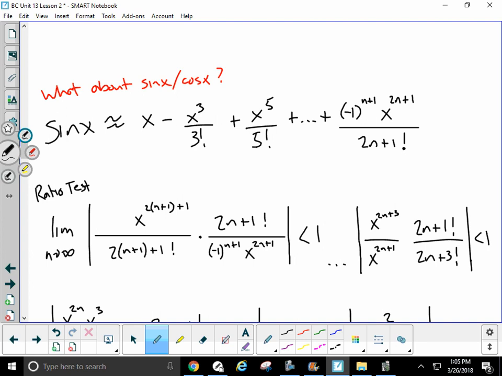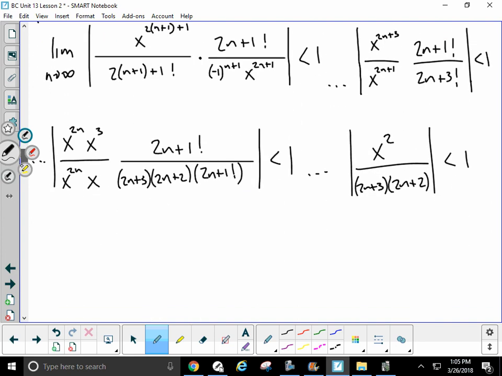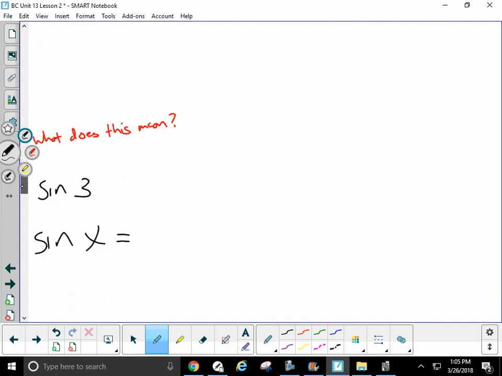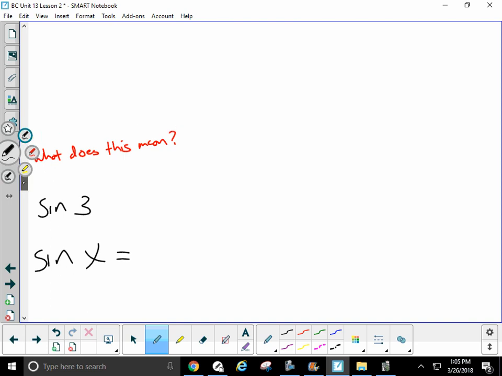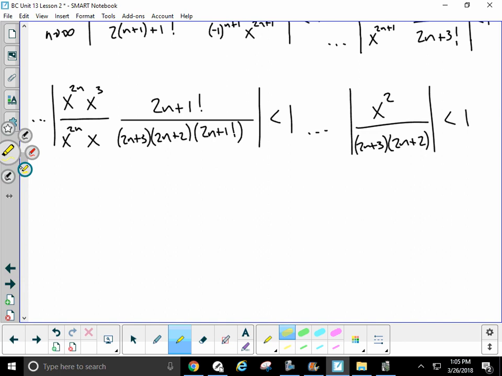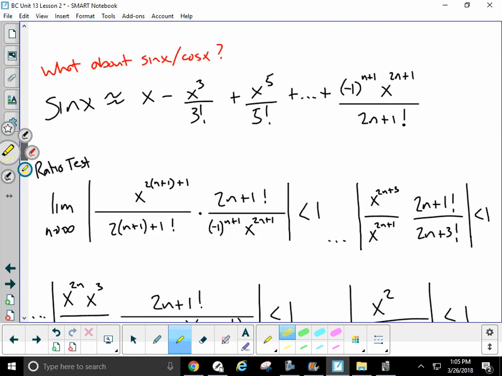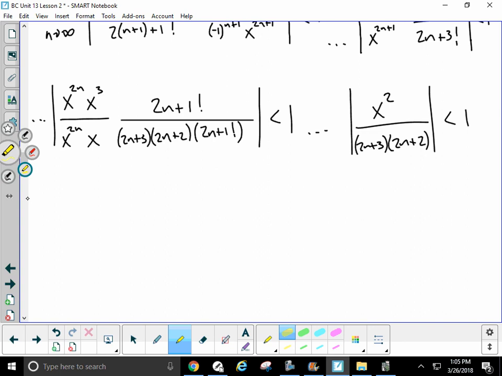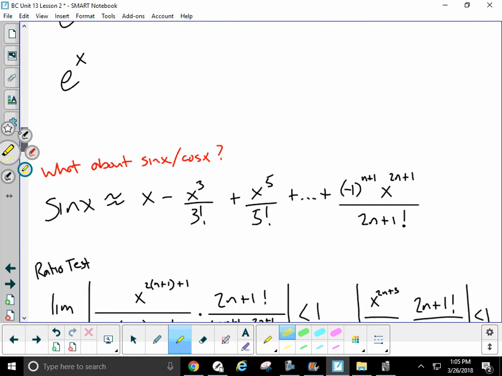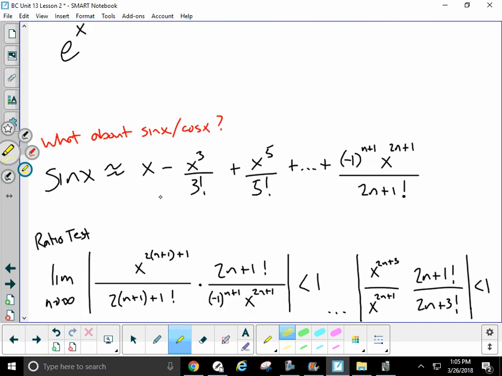I look at the convergence of the series and notice that no matter what x is, this series will converge. You can plug any x into this infinite sum and you will get a number. Plug in any x.